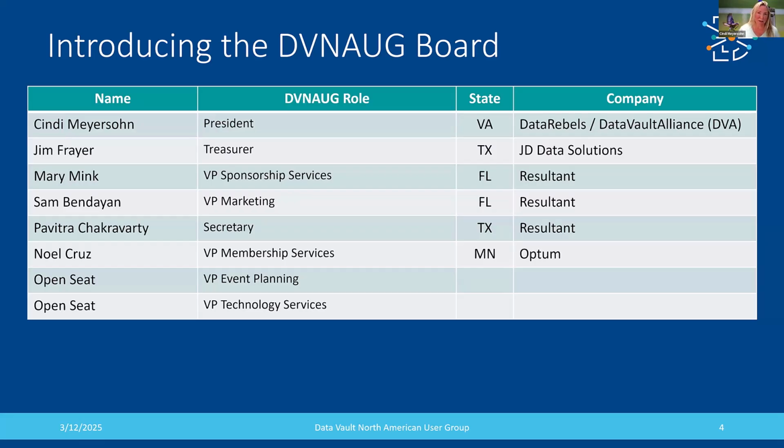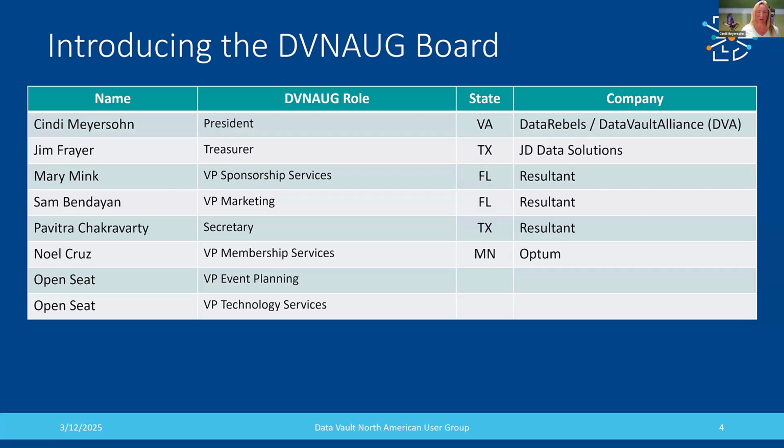I'm the president. My name's Cindi Meyersohn. I've got the reins to run the board this period of time. Mary Mink started us off and was part of the foundational group that started this whole group in the first place. We have Jim Freyer as our treasurer. Sam Bendayan is our VP of marketing.